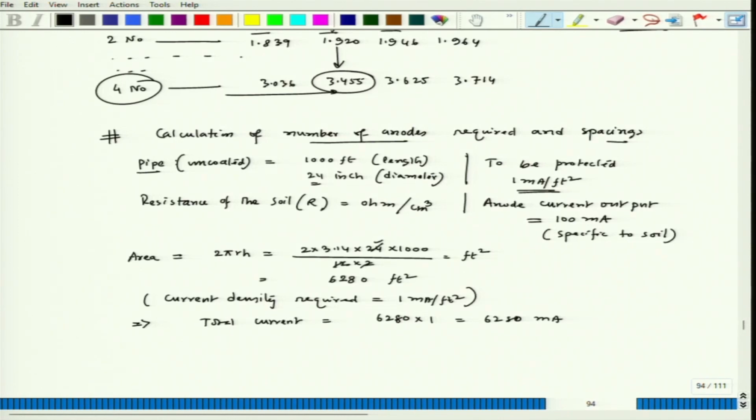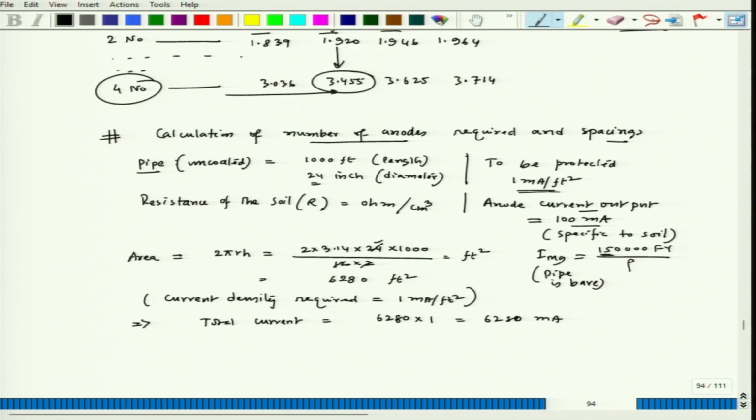Now, we know the anode current output, which has been calculated by using that formula. If it is a magnesium anode, then it is 15000 F y divided by rho. This is I_mg when the pipe is bare. The magnesium is never coated. For a coated pipe, this value would become 120000.